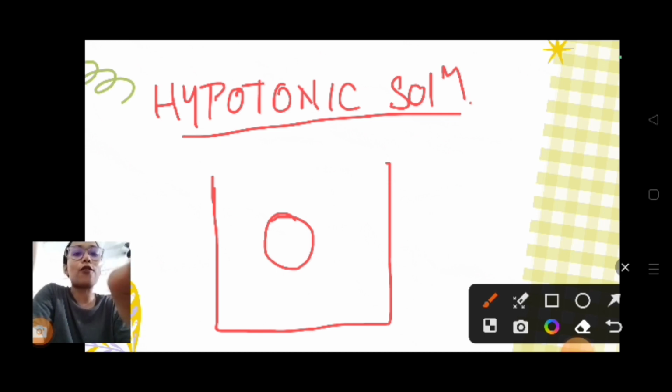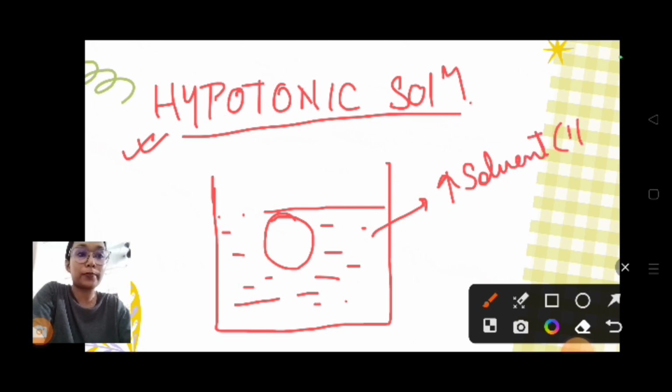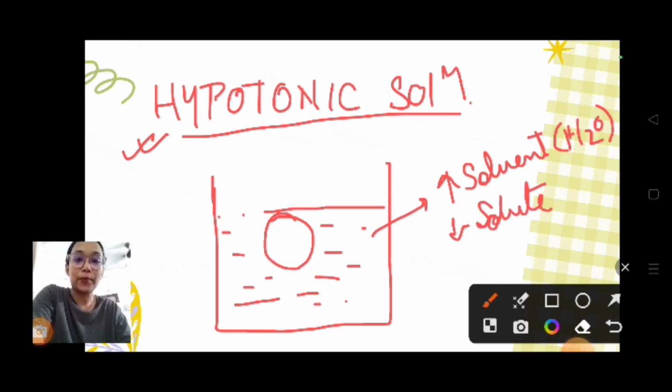In case of a hypotonic solution, the surrounding will have more solvent, meaning more water, and more solvent means less solute. Clear? But the opposite occurs in the case of the cell.